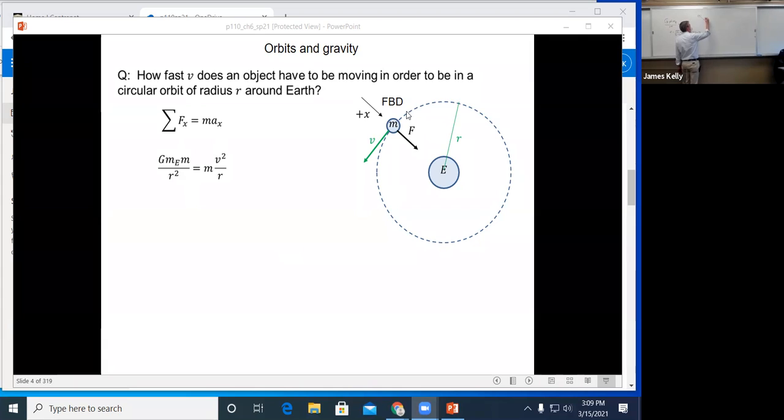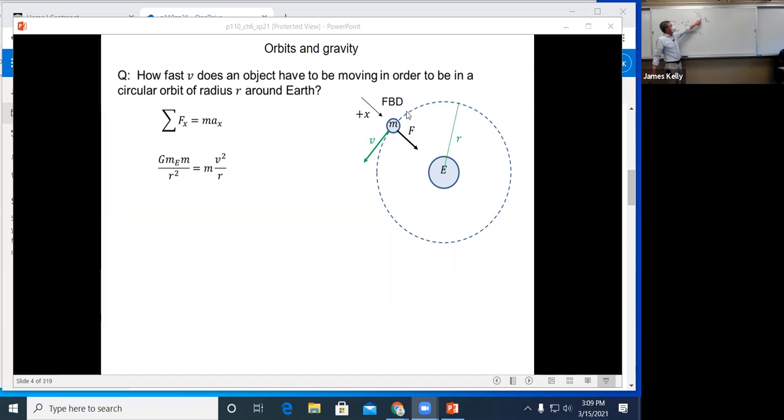So this I might label as F from Earth, the gravitational force from Earth going in that direction. And we chose, as always, plus x toward the center of the circle, right? This thing is going around Earth here, and that's supposed to be the direction toward the center of the circle.